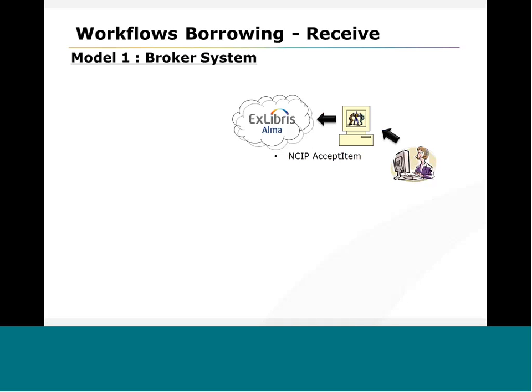And Alma, when receiving this message, knows that it has to create a borrowing resource sharing request, bib down to the physical item, with a request for pickup at the requested pickup location. In short, make sure that Alma has a reflection of the fact that there is a resource sharing request at the broker system. As I said, this may happen based on the NCIP accept item message. In that case, it's going to be automatic.